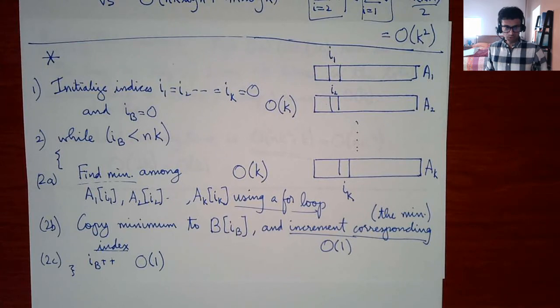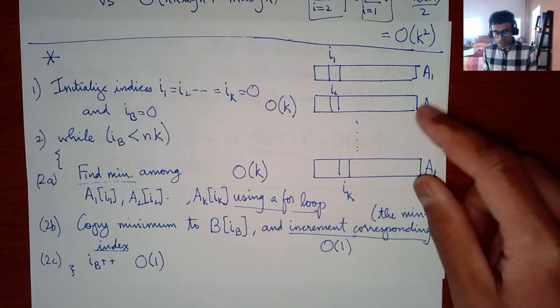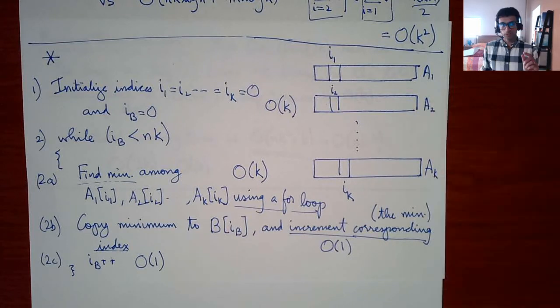That's what heap sort is doing. The problem is the running time for an extract min is log of the size of the heap, and the heap is n times k when you put everything into a heap. In this case, the heap is really tiny. Therefore, operations on the heap become fast.